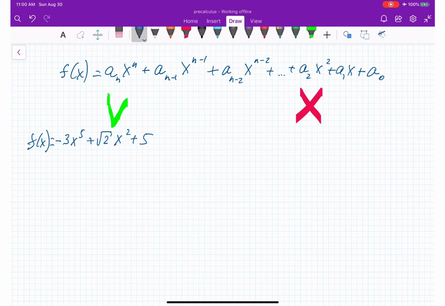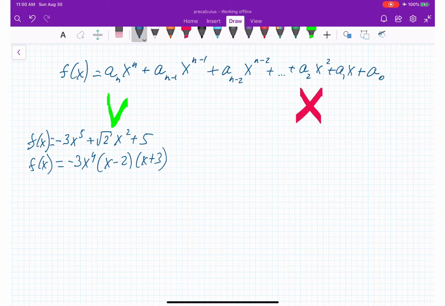That's a polynomial. Next one, f of x equals, let's say, negative 3x^4 times x minus 2 times x plus 3. This is also accepted as a polynomial.